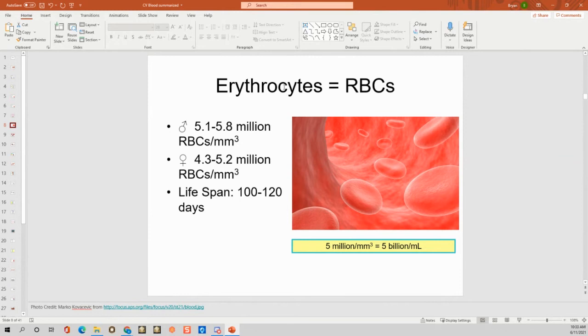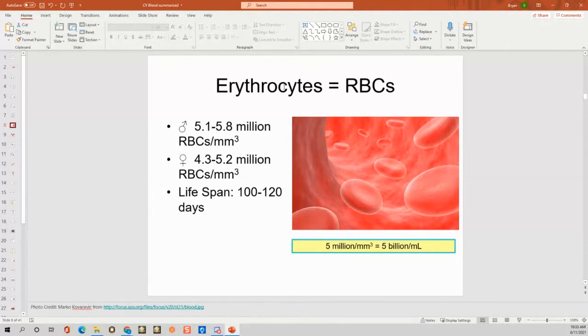Multiply that by 1,000, and that's how many cells per liter you have, and then multiply that by an additional 5. I haven't done that math in a long time, but it's a big number, right? 5 billion multiplied by about 5,000. Cool. That's how many erythrocytes you have in your body.